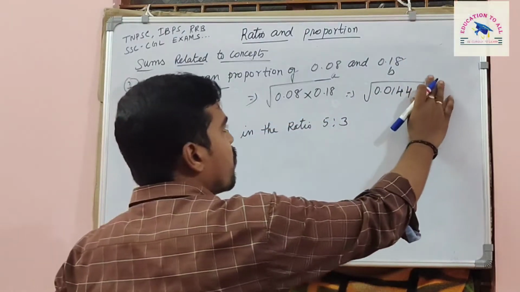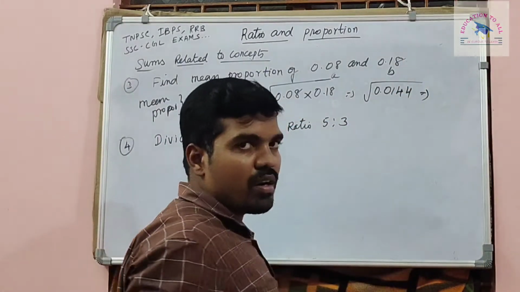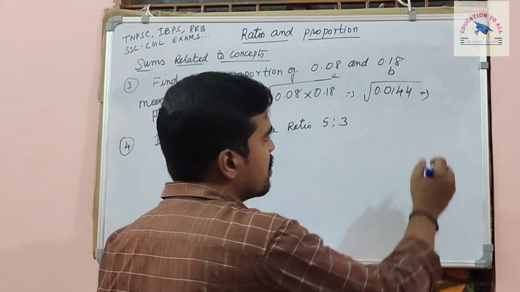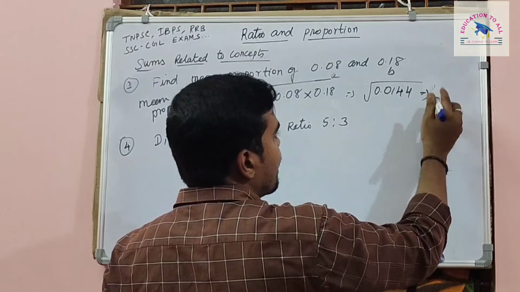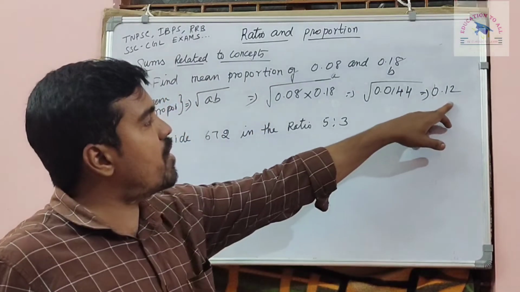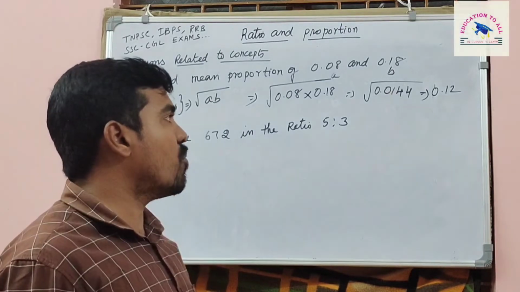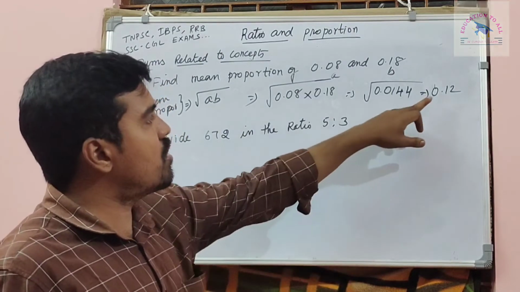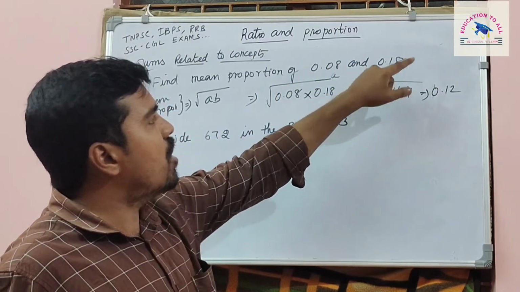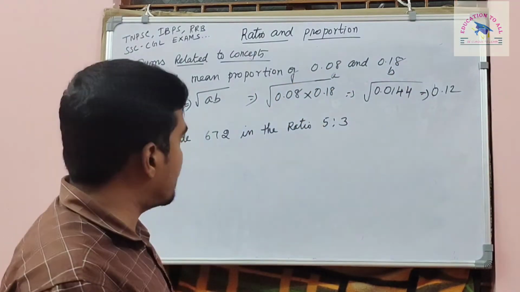The square root of 144 is 12. Here there are 4 decimals, so the resultant number will get 2 decimals, 0.12. If you multiply 0.12 into 0.12, you will get 0.0144. So the final answer, the mean proportion of 0.08 and 0.18, is 0.12.